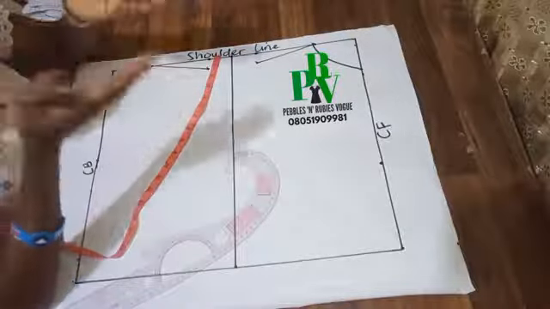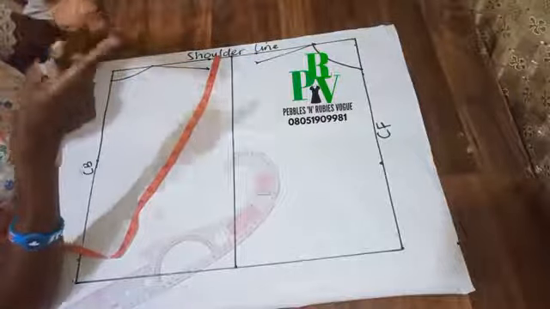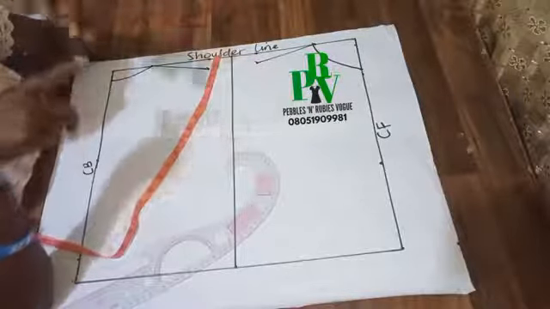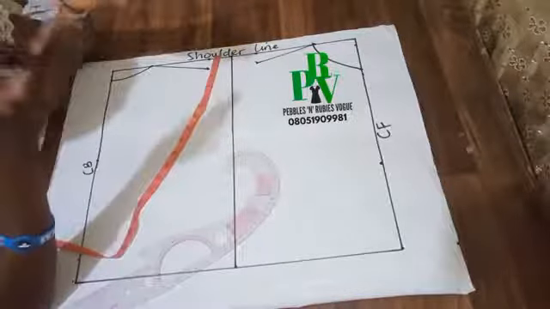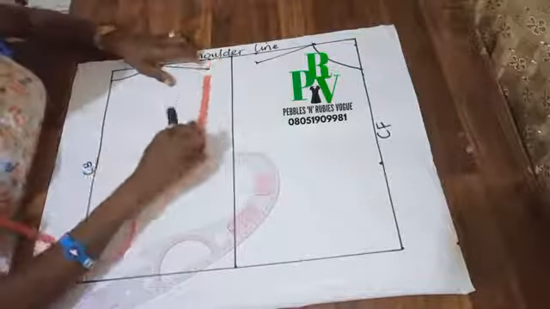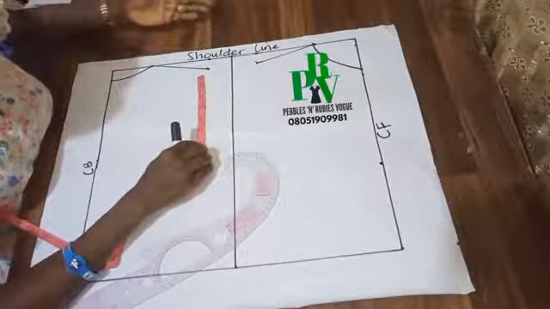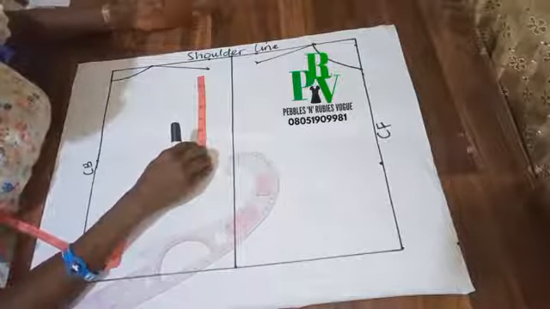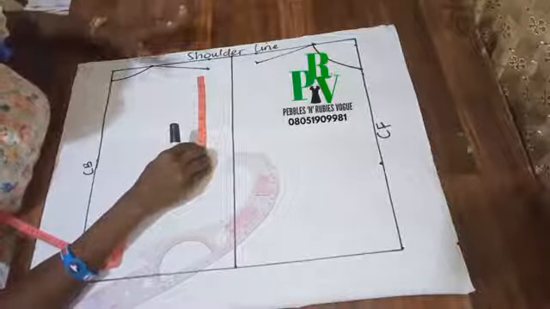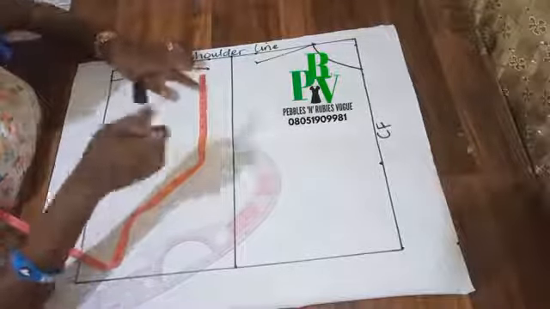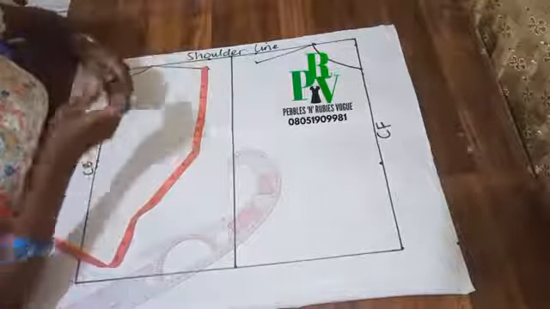It works perfectly. But you can also take the circumference of the arm and divide it by 2. But this method works for everybody. So my bust circumference is 35 inches, divided by 6 is 5.8. Then plus 1.5, that will be 7.3 inches. So that is my armhole length.